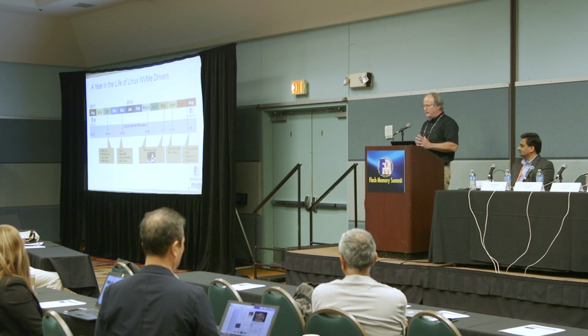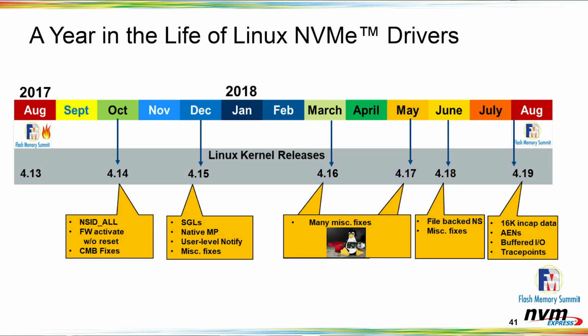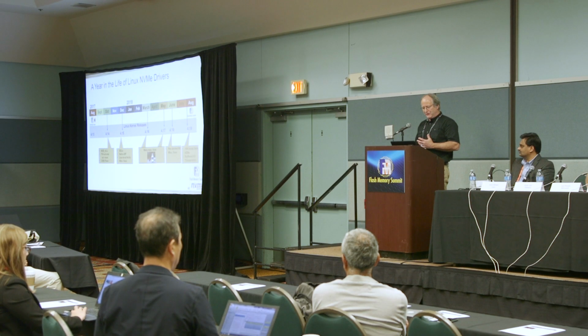So that was added up to 16K in 4.19. Asynchronous event notifications was added. Buffered IO was put in place to help with the file backed namespaces. And then trace points. I think Keith, one of the maintainers, put that in as one of his big last items, the fixed trace points.